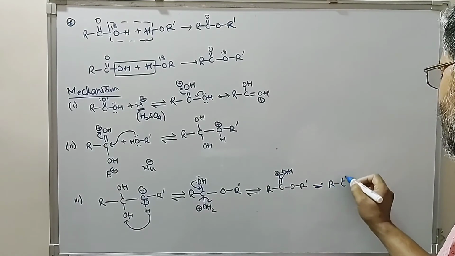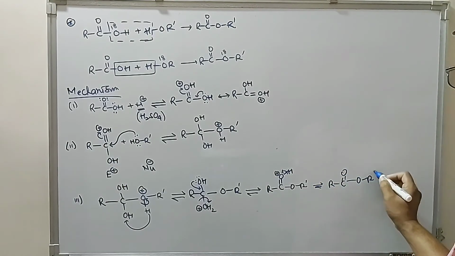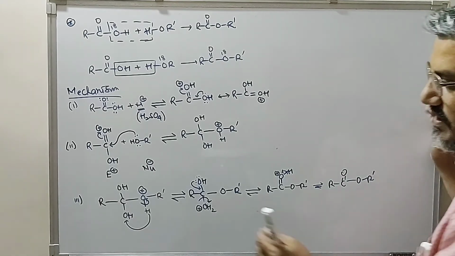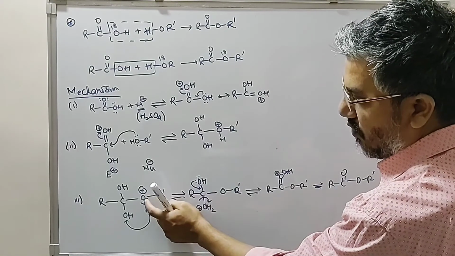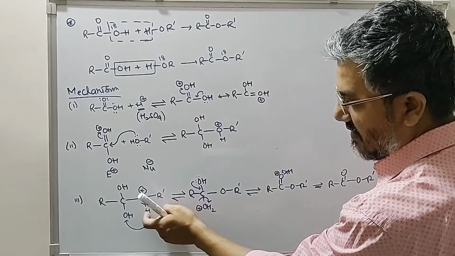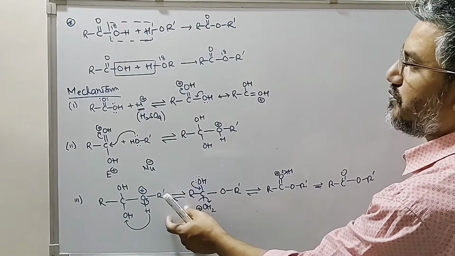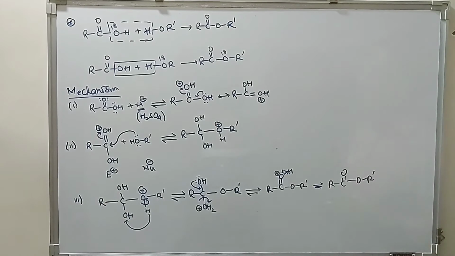So we have RC double bond O R prime. If you look at this, actually in this reaction the OH bond is breaking here, and this releases H plus ion. So this reaction proves the acidic nature of alcohol.